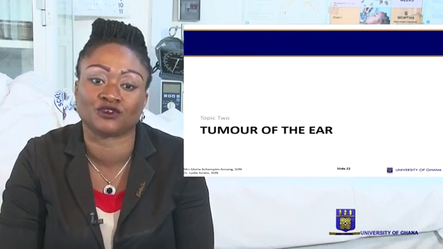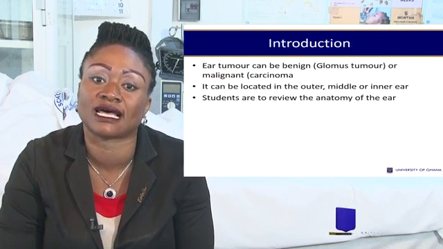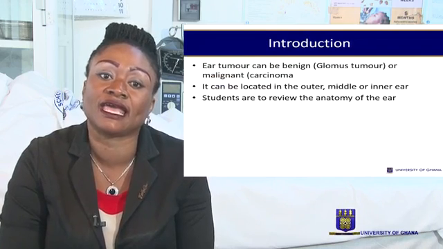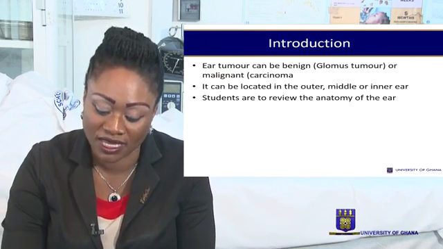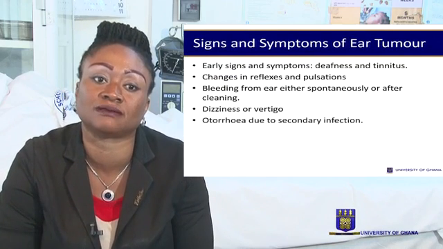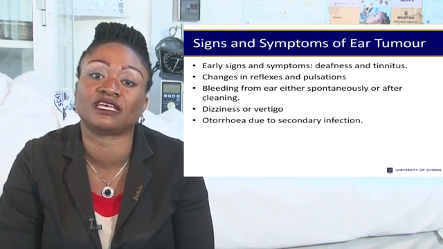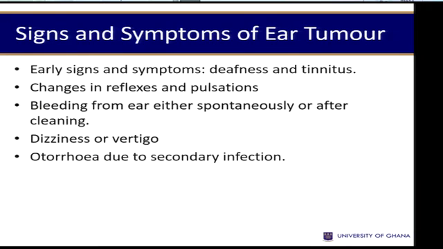Second topic is tumor of the ear. Ear tumor can be benign, as in glomus tumor, or malignant, as in carcinoma. It can be located in the outer, middle, or inner ear, and students are to review the anatomy of the ear. Early signs and symptoms include deafness and tinnitus, changes in reflexes and pulsations.